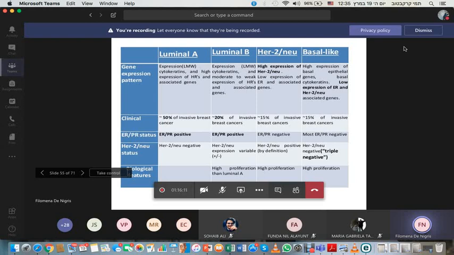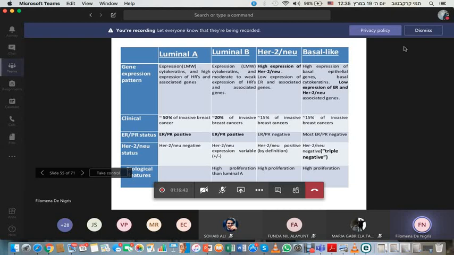So in the category of luminal A, we indicate the patients that are ER and PR positive, estrogen and progesterone positive. In 50% of patients, this breast cancer is invasive. Sometimes they are negative to neu, and then we talk about the biological feature of this in the next slide.